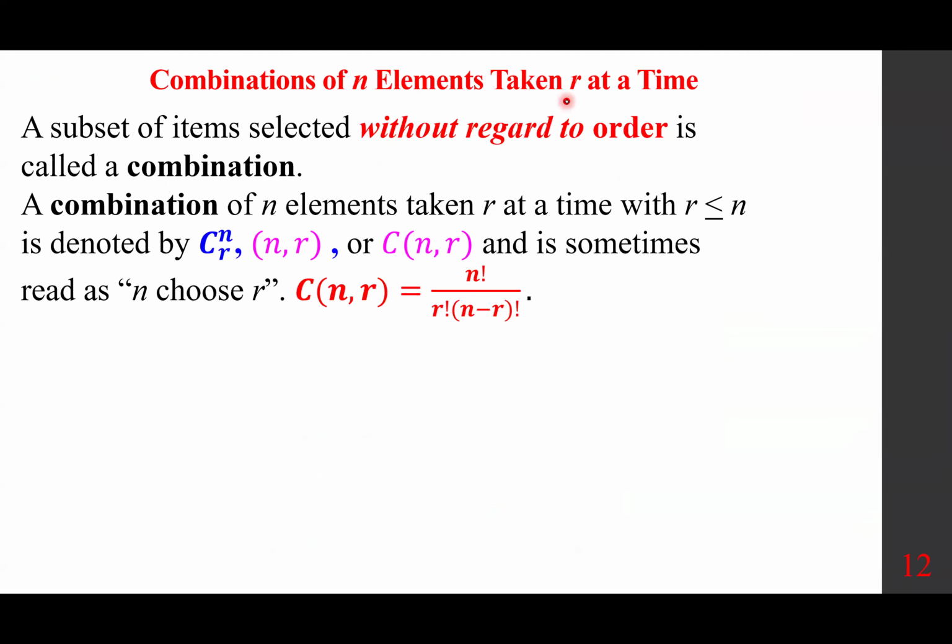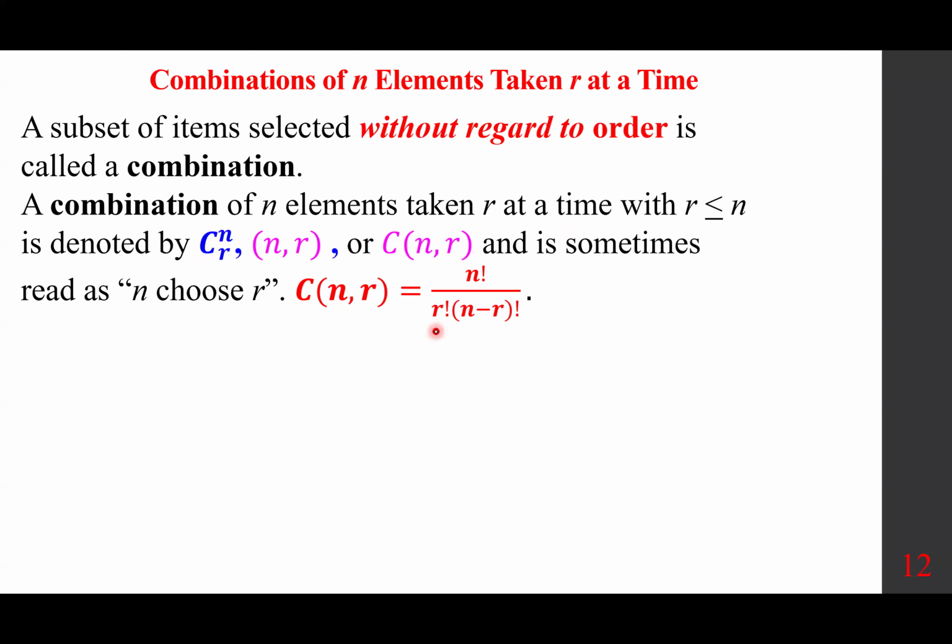Combination of n elements taken r at a time. A subset of items selected without regard to order is called a combination. A combination of n elements taken r at a time, of course r is less than or equal to n, is denoted by C(n, r). You can put it in this format, parentheses n comma r, or C parentheses n comma r, and it is sometimes read as n choose r.